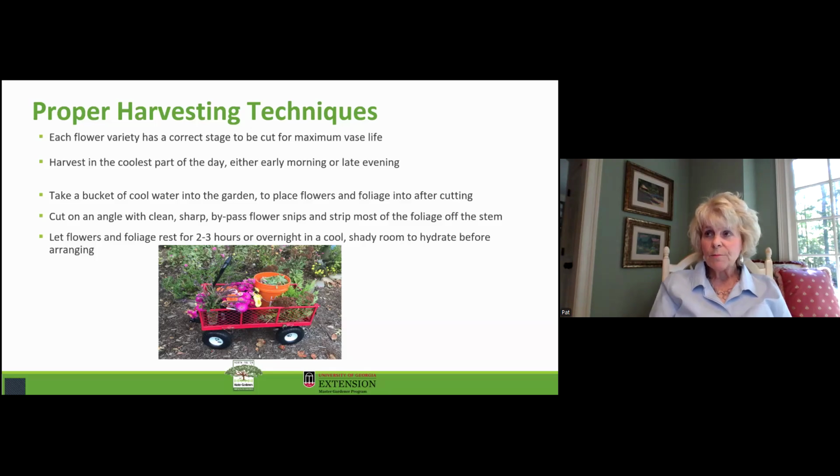That's where I put the leaves I strip off my flowers, because you always want to strip the foliage. The foliage doesn't last as long as the flower does, so I add my own foliage and strip the leaves off the flowers. But like I said, I could not garden without it. It's called a gorilla cart. I think my son got it on Amazon.